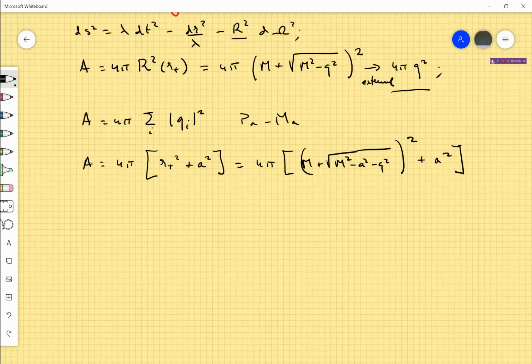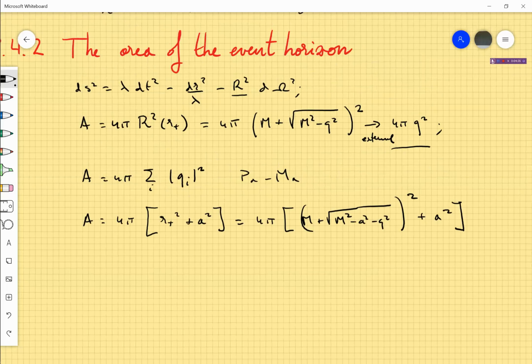It's a null hypersurface. If you consider sections, these would be the intersections with space-like two-dimensional surfaces, so they are two-dimensional space-like sections of the horizon. For these you can compute areas, because the metric, remember, is rank 2 over a null hypersurface. And in fact, this is what we are computing.